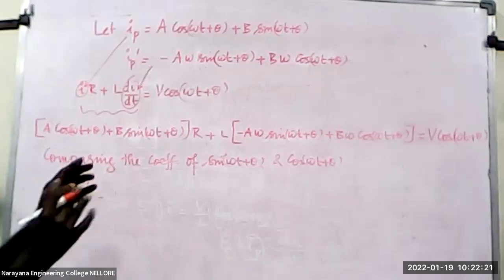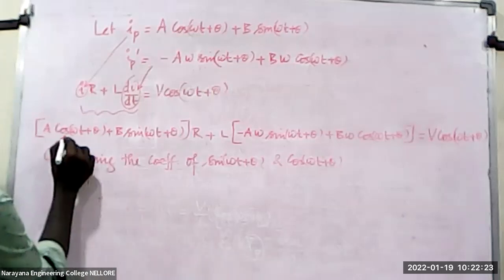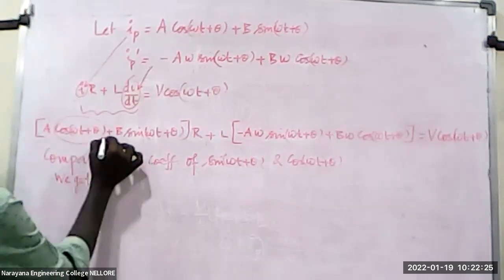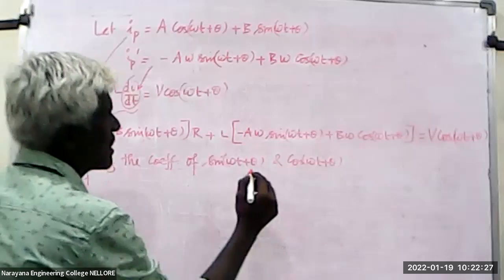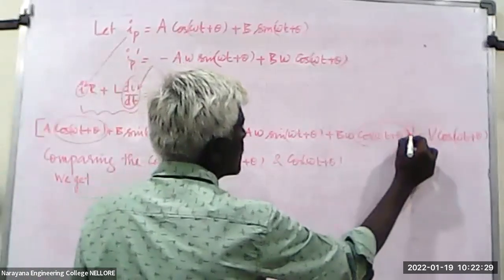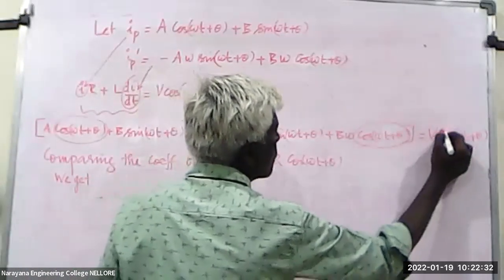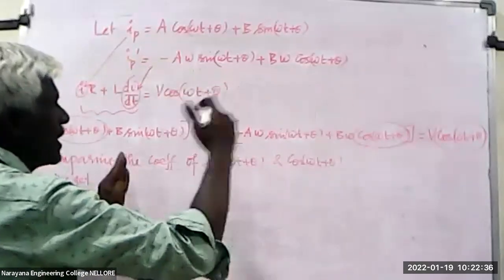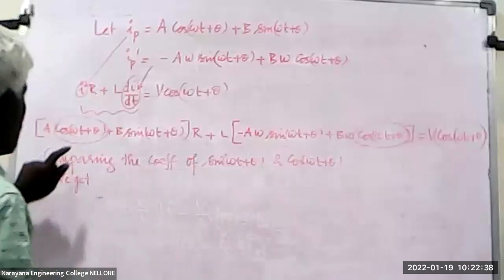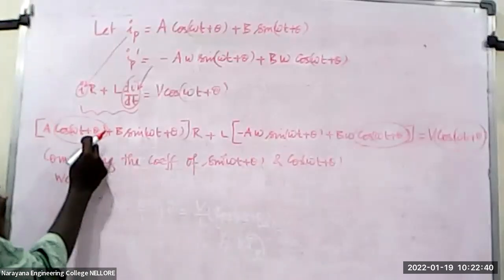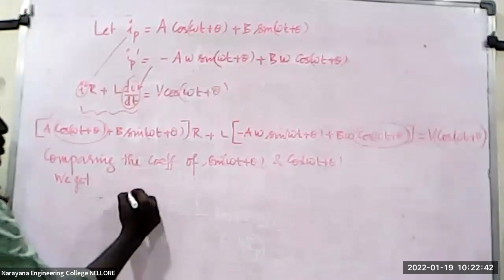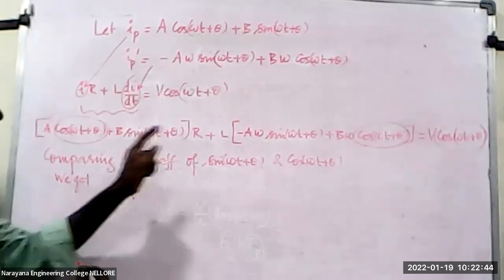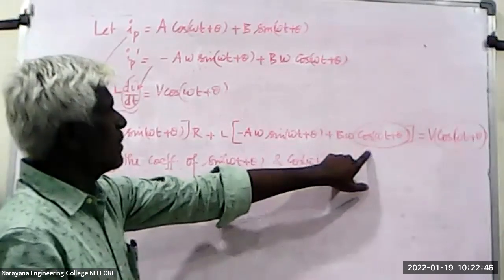So I take first the cos. This is my cos(ωt + θ). And I have cos(ωt + θ) here, and I have cos(ωt + θ) here. So on either side, I am comparing and equating them. So here, what is the coefficient of cos(ωt + θ)? It is simply A. And what is the coefficient of cos(ωt + θ) here?